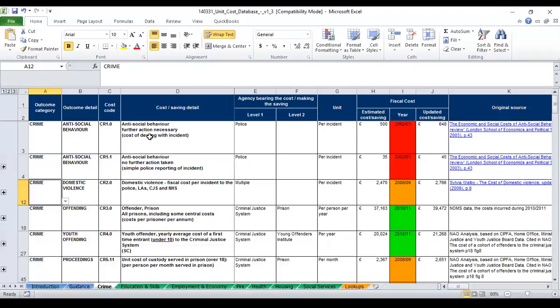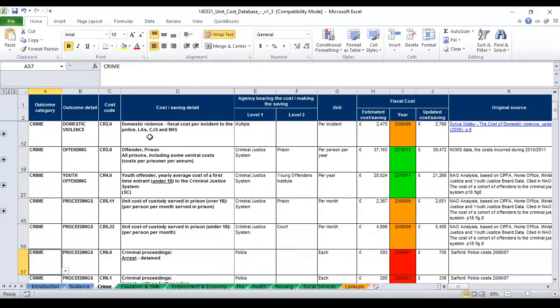But with anything, when you're doing your social impact reporting, it's best not to overestimate your potential financial savings to statutory agencies. So generally speaking, it's better to err on the side of caution and take the lower value if it's appropriate.